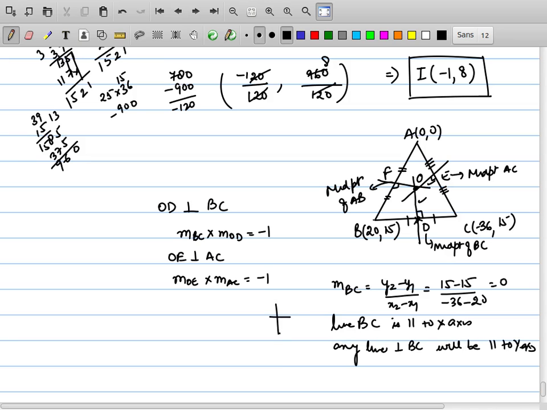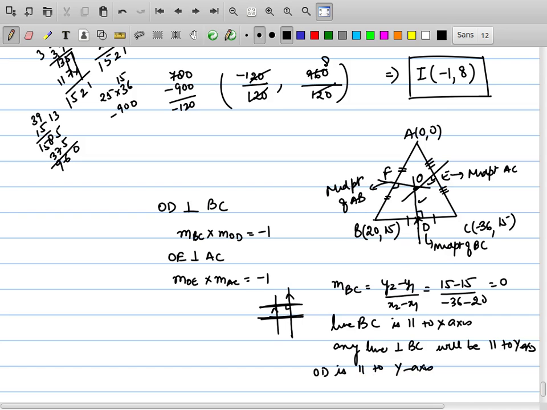Now this is your x-axis. Any line which is perpendicular to a line parallel to the x-axis will always be what? Parallel to the y-axis. Therefore OD is parallel to the y-axis. But OD is passing through which point?